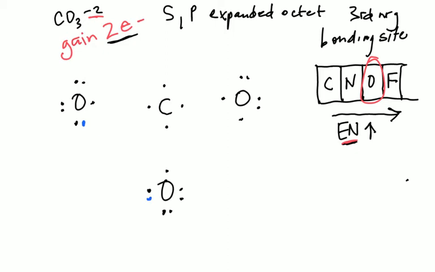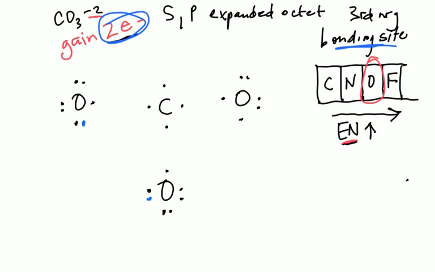It doesn't really matter as long as I give 2 electrons in total to different oxygens in the structure. Now if I look at my central atom, I've got carbon with 4 bonding sites, 4 individual electrons. This oxygen that gained the electron only has 1 bonding site.